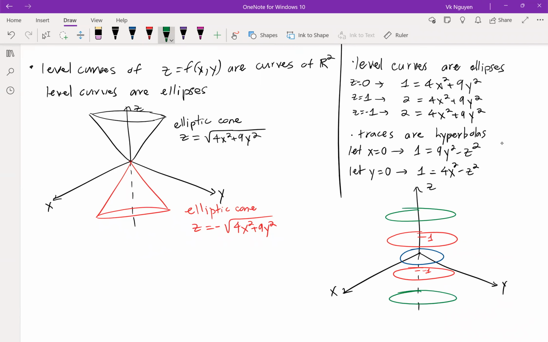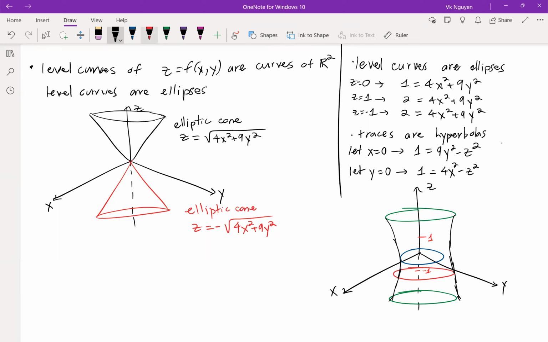Now you've got to connect these ellipses using hyperbolas. Connect them, and hopefully you remember how to sketch a hyperbola. That looks good.